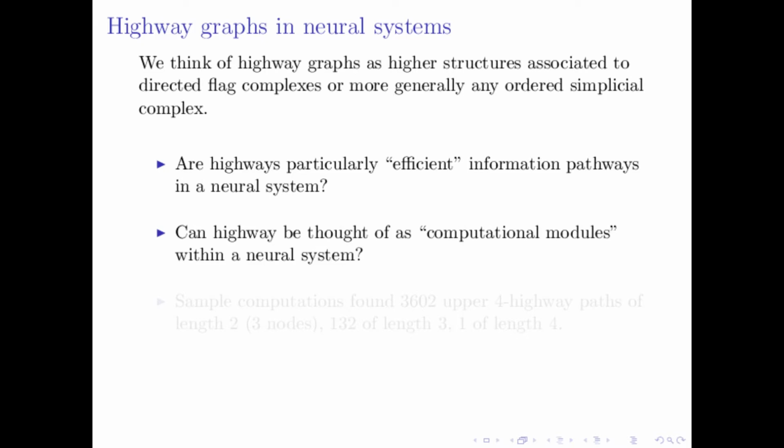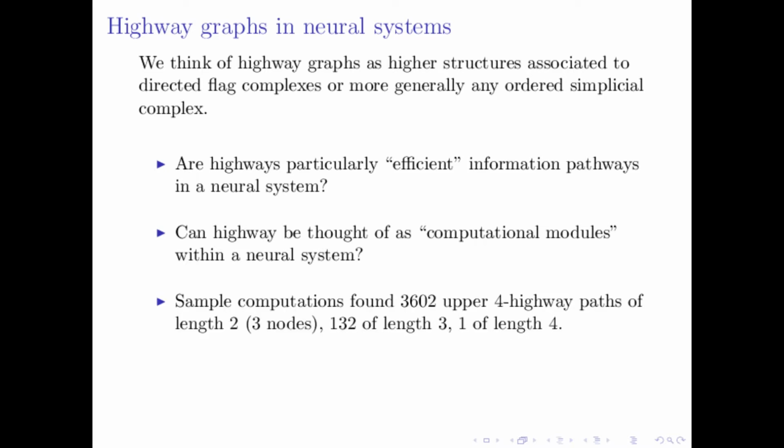Can highways be thought of as computational modules in some sense? I'm going to talk a little bit about this later, within neural systems. How prevalent are they? So we did some sample computations within the Blue Brain reconstruction, and what we found is that there are 3,602 upper 4 highway paths of length 2.